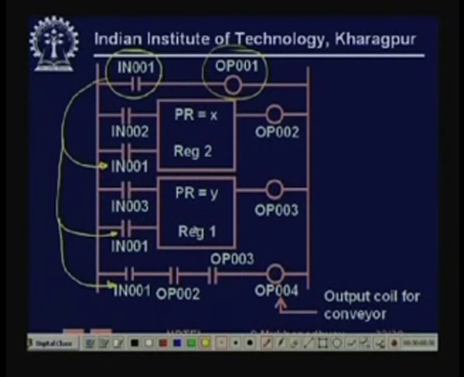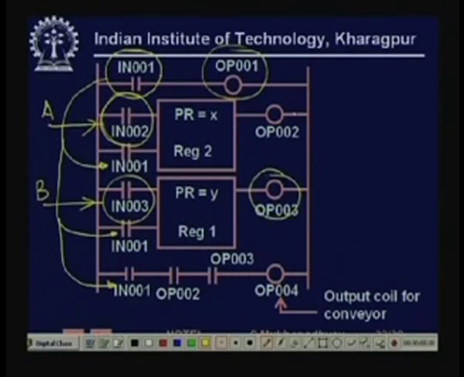Now the arrival of part of type B is signified by this, and arrival of part of type A is signified by this. So this is for A and this is for B. So every time a part arrives, there is a pulse here and the corresponding registers are incremented.